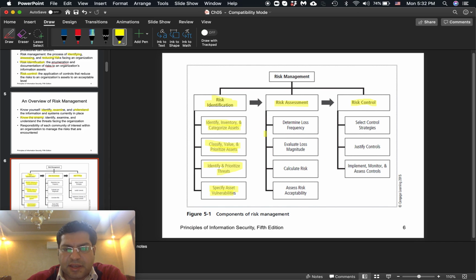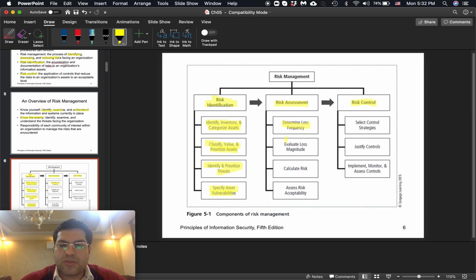In the second phase, we need to conduct a risk assessment. In risk assessment, we need to determine the loss frequency from each threat. Or sorry, how many times these threats are occurring within a year, within a month.